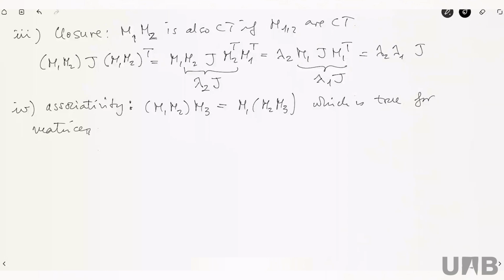Matrix multiplication fulfills this property. So now we have the four properties of a mathematical group. That means the canonical transformations form a group. Any questions so far?